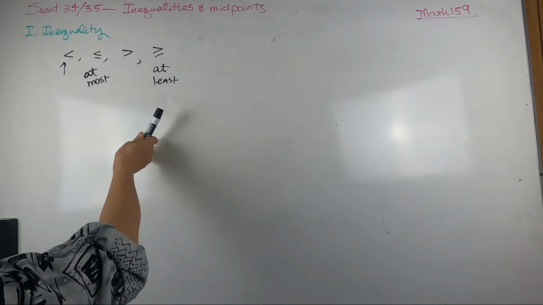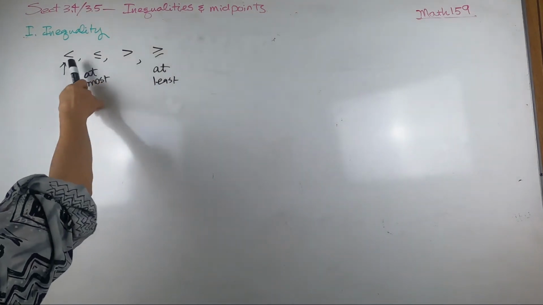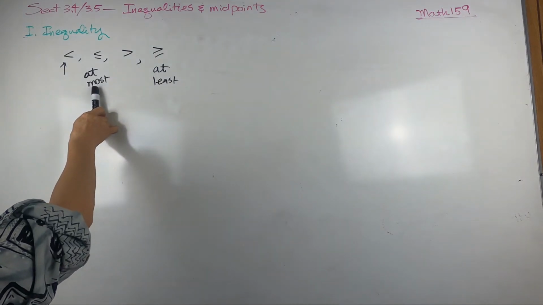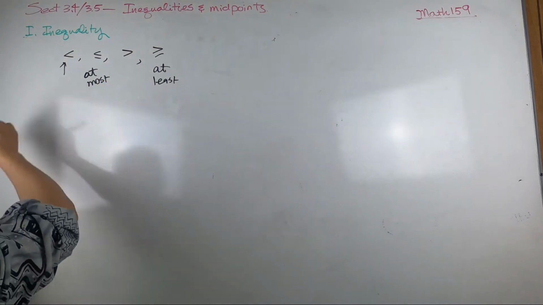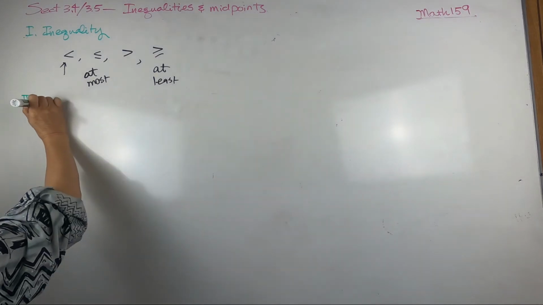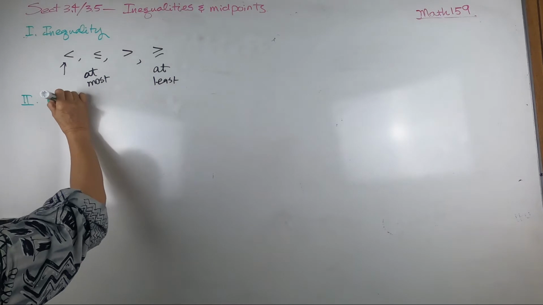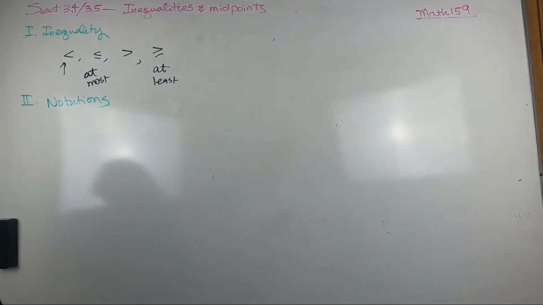So first you have to connect the symbols, math language, to your English. That's what they are equivalent to. Then let's talk about symbols and notations in math to represent the idea.